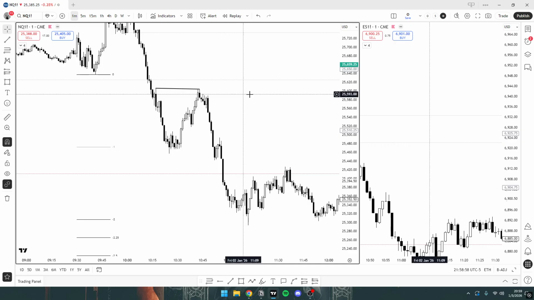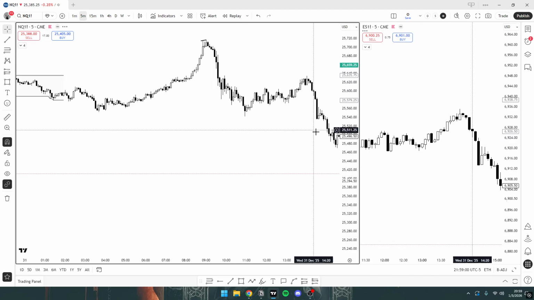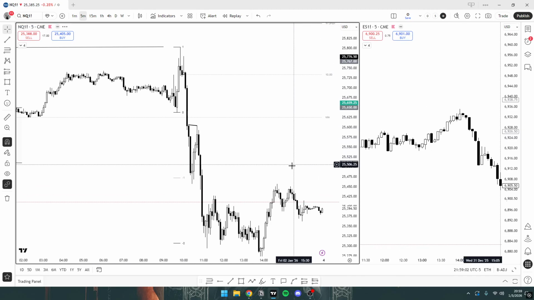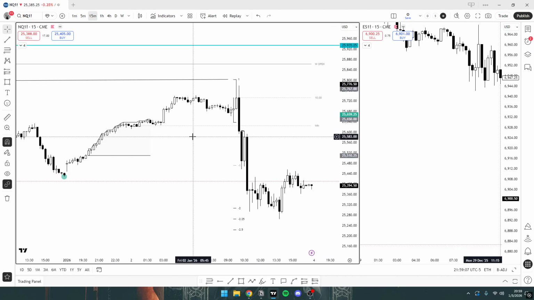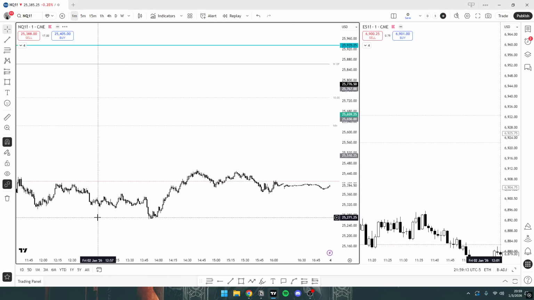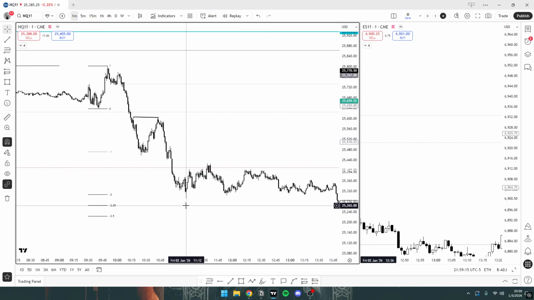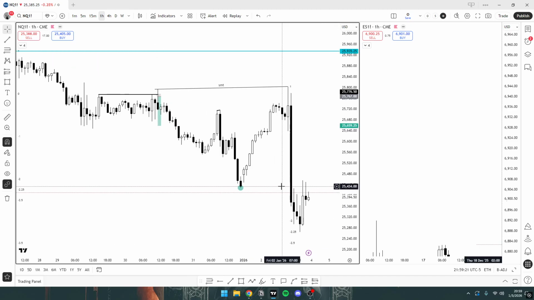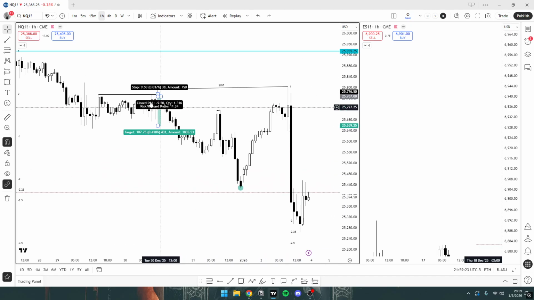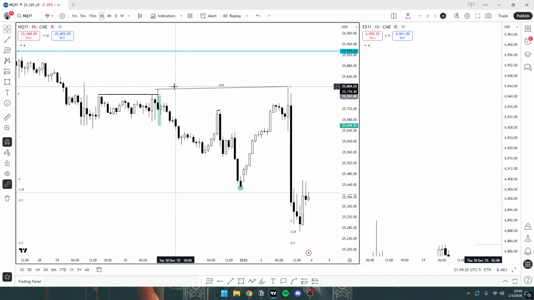Unfortunately we didn't get our retrace into the breaker, which happens. And I really don't think there was a trade for me to take. Maybe at 11, but that's not my trading hours. 11, 12, I would definitely be gone. I really don't have anything to say.